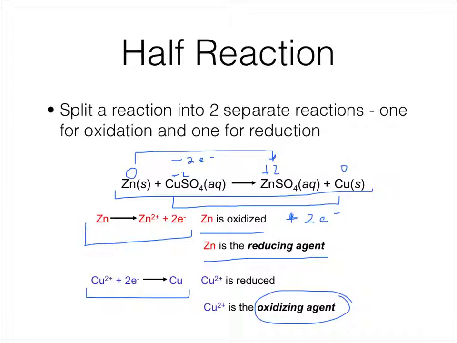Many redox-style reactions, especially involving more than just single replacement style reactions like we've looked at, can be very, very difficult to balance. So this is one of the easy ways to balance these redox reactions. We don't have to worry about that in here. We're going to just keep our focus on the redox style reactions that are pretty simple.